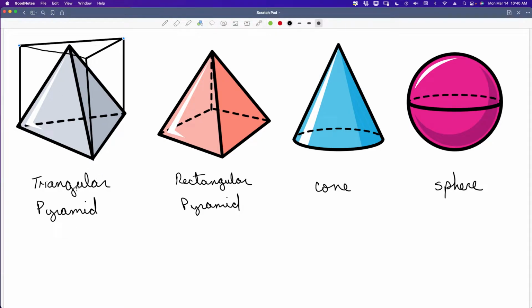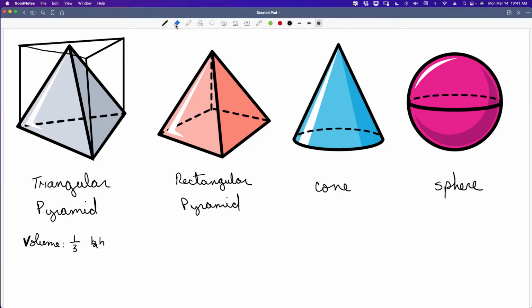So what that means is the volume of a pyramid is equal to 1/3 of the base area times the height, which is how you would calculate the volume of the right solid. You would find the base area, and then you'd multiply that times the height.